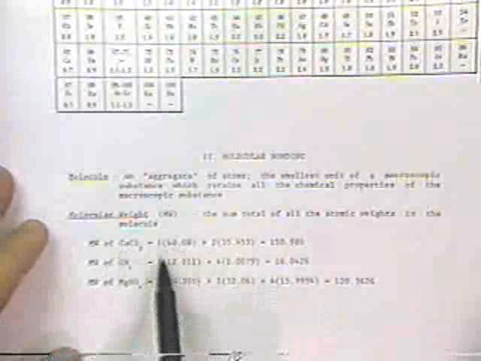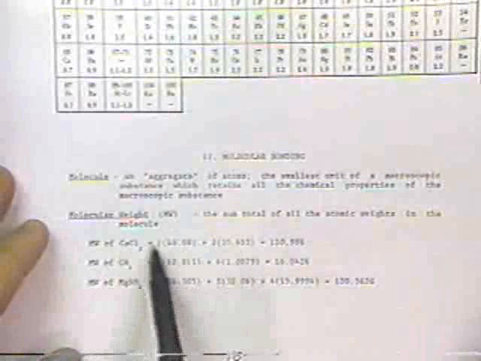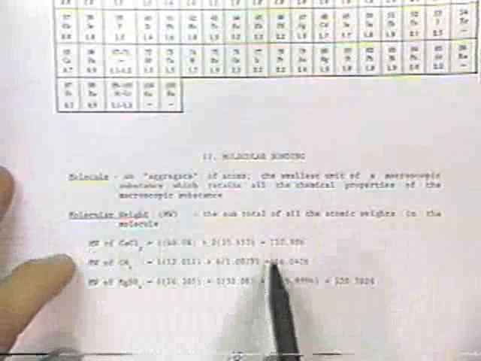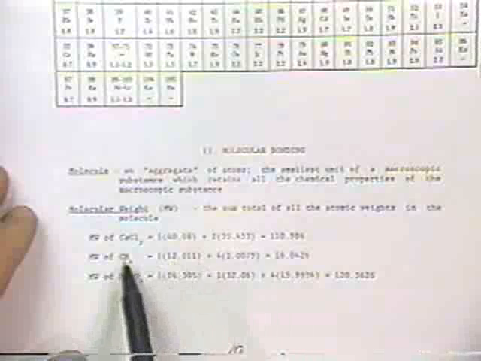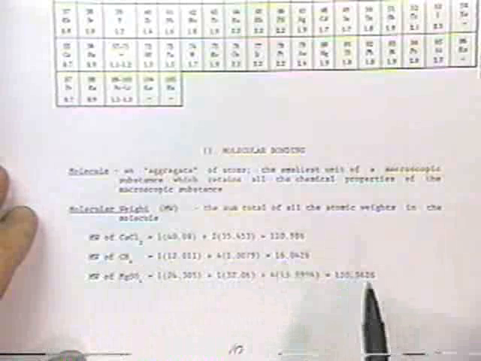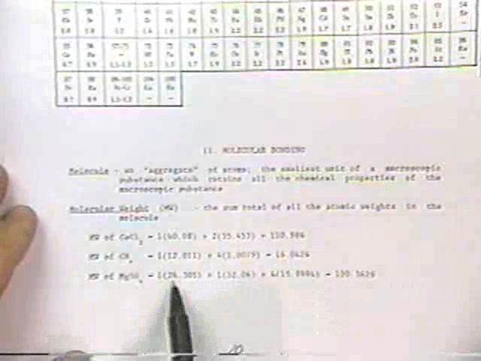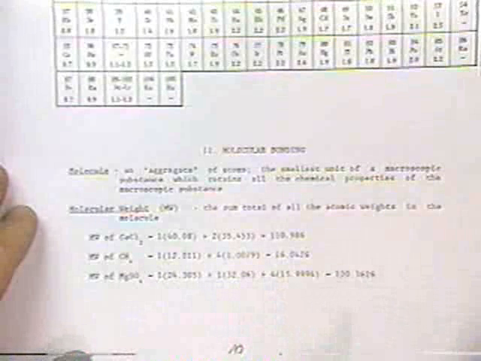So for example, calcium chloride has 1 calcium, which weighs 40.08, and 2 chlorines that weigh 35.453. Add them up, so the molecular weight of calcium chloride is 110.986. If we look at methane, it has 1 carbon and 4 hydrogens. It has a molecular weight of 16. And here's magnesium sulfate with 1 magnesium, 1 sulfur, and 4 oxygens with a molecular weight of 120.